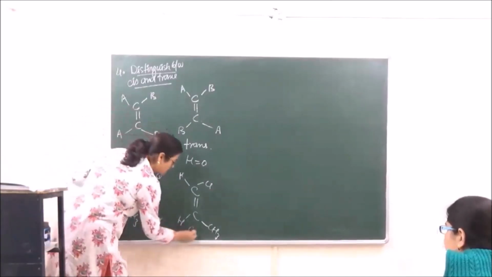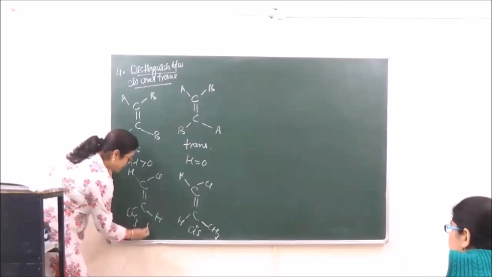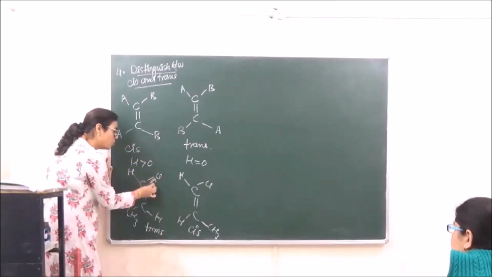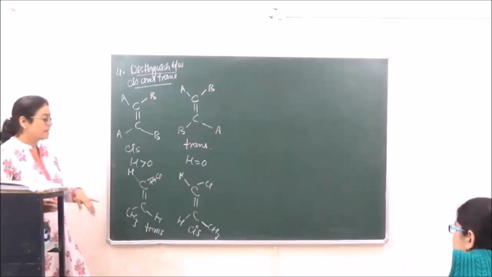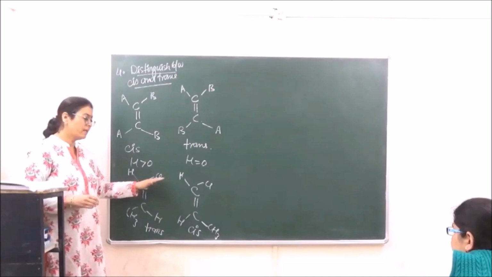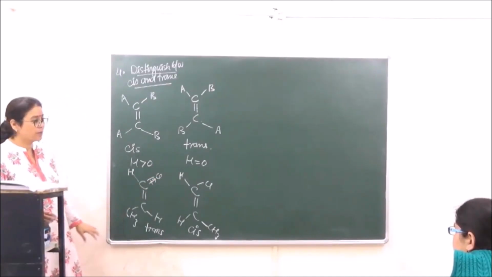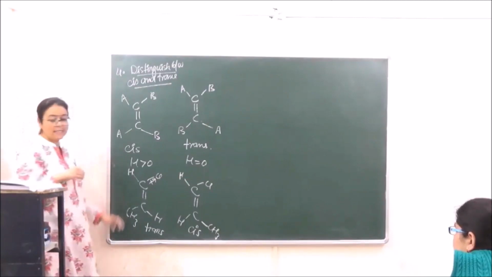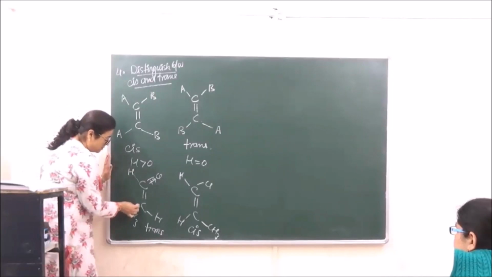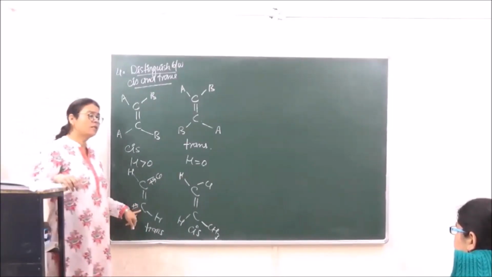So this is going to be cis, and this is going to be trans. Now in this case, because chlorine is more electronegative than carbon, the dipole is directed towards chlorine. In this case, the methyl group which is present over here is an electron donating group. So if it is donating electrons, it will donate towards carbon.